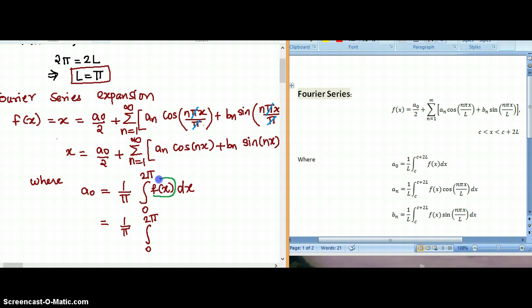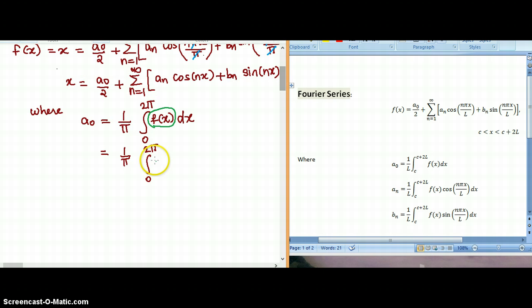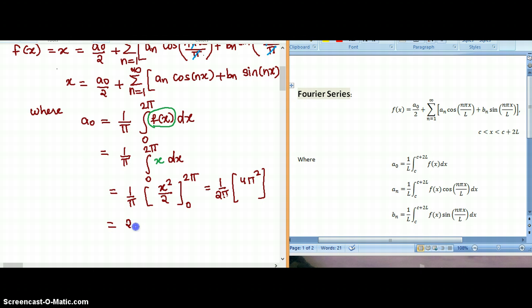The value of f(x) is given in our question, which is x. So we replace it here, x dx. This is a simple integration. The integral of x is x squared over 2 within the limit 0 to 2π. So this will give you 1 over 2π, substitute the limits, 4π squared, which on cancellation gives you 2π. So we get a0 as 2π.